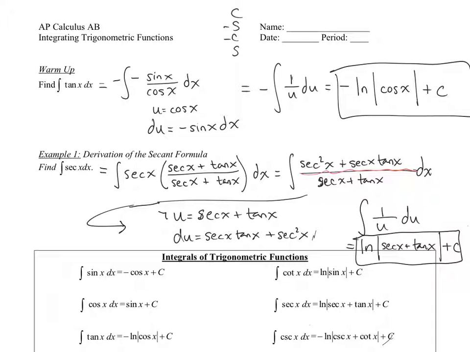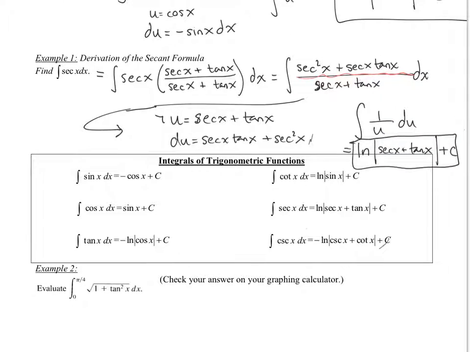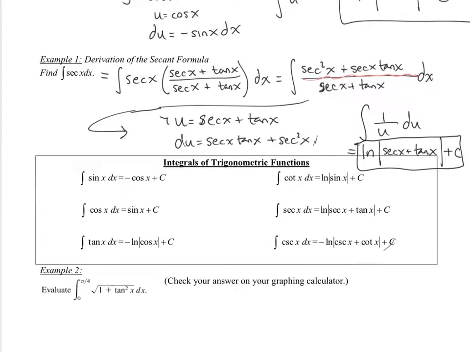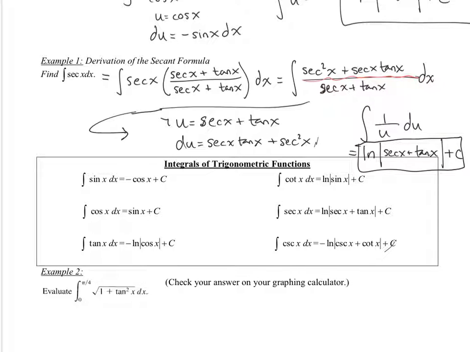If you notice, that is one of these integral trig functions shown below. The integral of secant of x is equal to the ln of the secant of x plus tangent of x plus c.